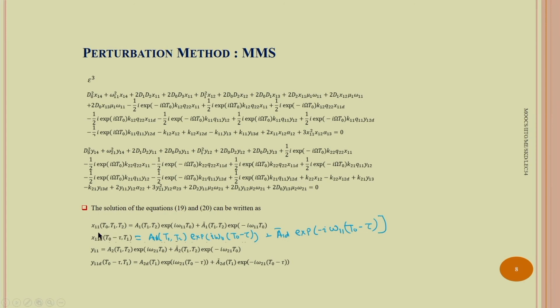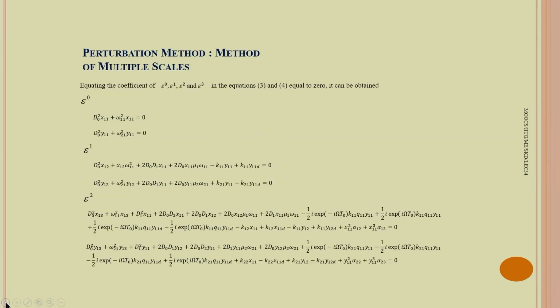So, now having written x11, x11d, y11, y11d, we can substitute them in this equation. You just see, only these two terms we will take on the left hand side. So, this equation can be written as d0 square x12 plus omega 11 square x12, and the other part we shift to the right hand side.